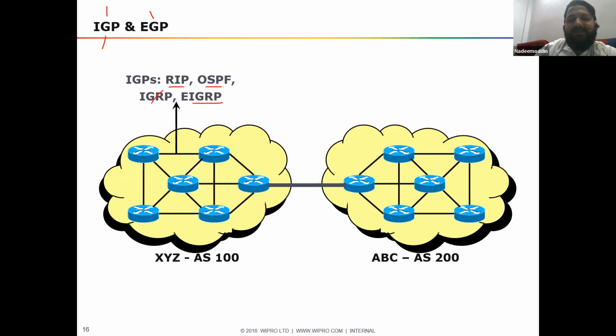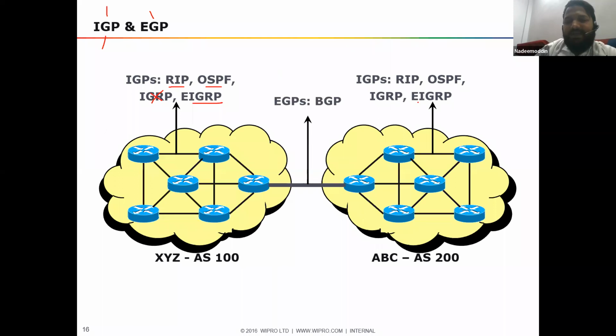IGRP is dead. Okay, so this is IGP and EGP. EGP means exterior gateway protocol. In EGP there is only one protocol, which is also called the internet protocol, BGP, border gateway protocol.